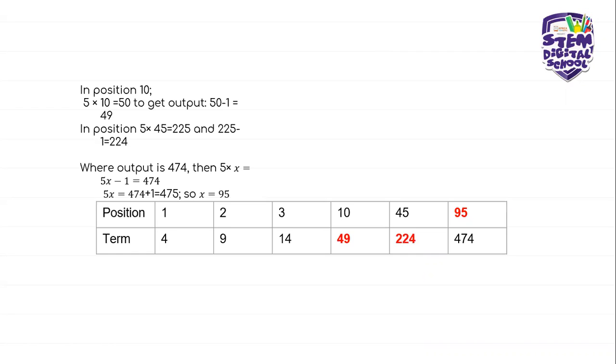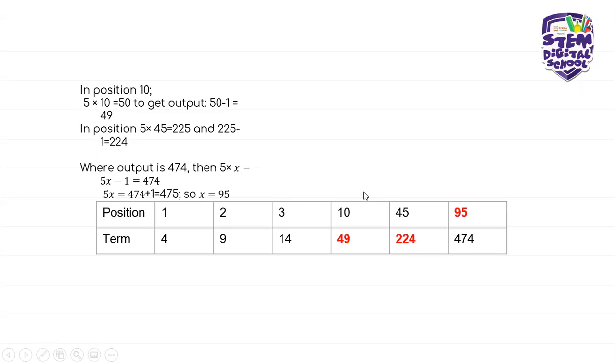And then the next one, of course, is just to find the position. And to find the position, all that you need to do again, you use the same rule. In this case, we have the output, which is 474, it's given. But now we don't know the input or the position number.